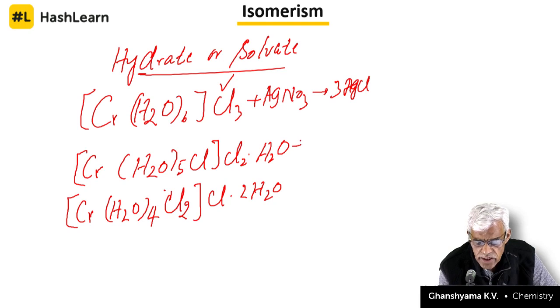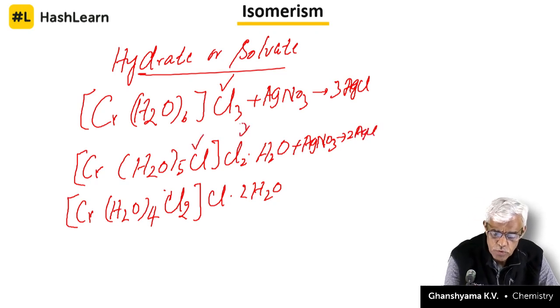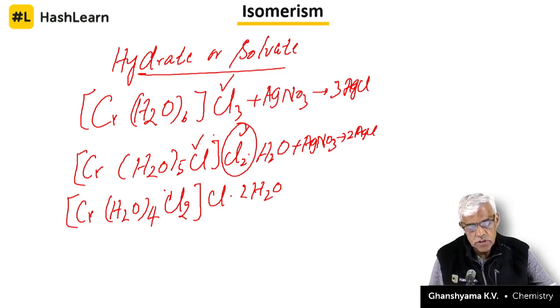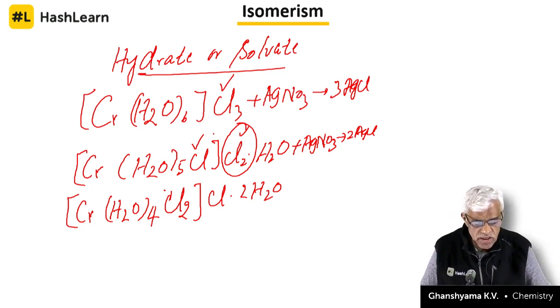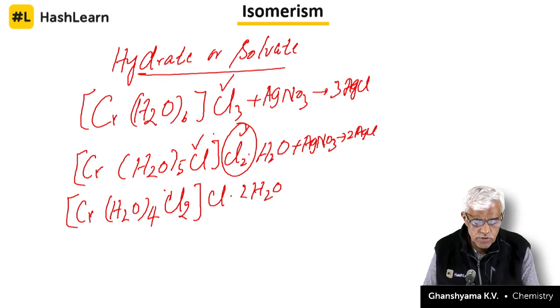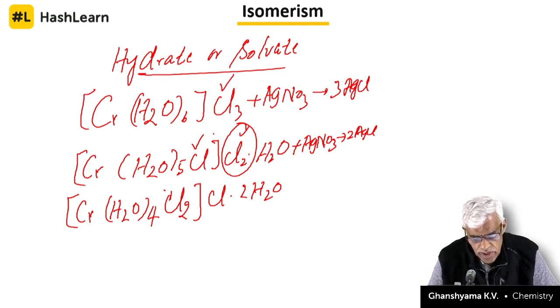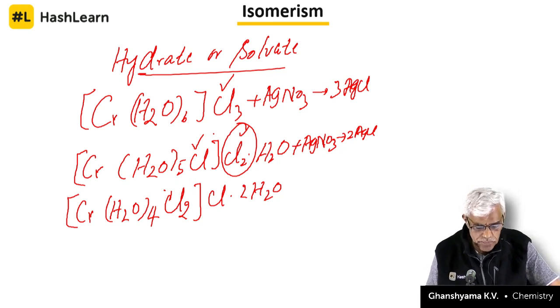To the second, if you add AgNO3, you get 2 AgCl, showing that out of 3, only 2 are present as counter ions, and 1 acts as a ligand. So the place of one H2O and one chloride has been exchanged. One H2O comes out of the coordination sphere, and one chlorine enters into the coordination sphere.